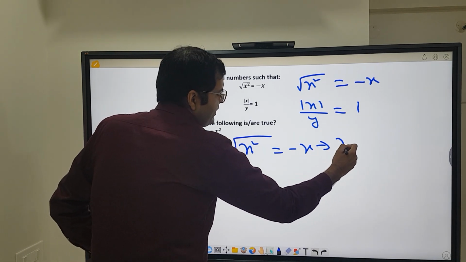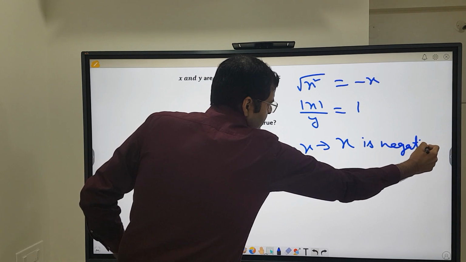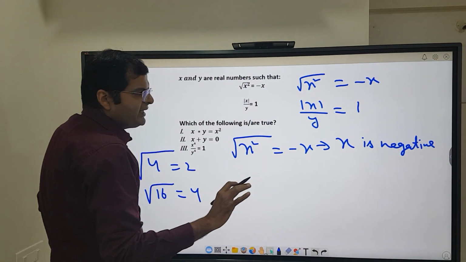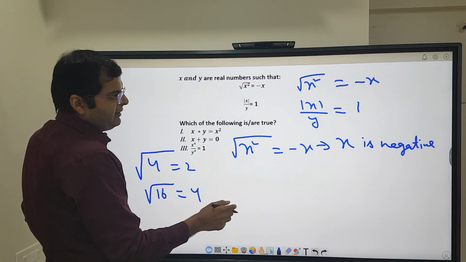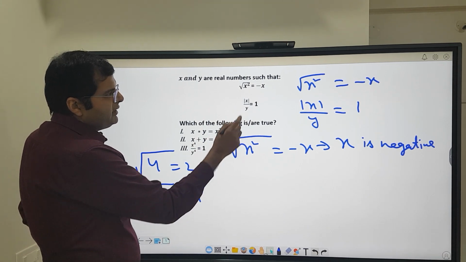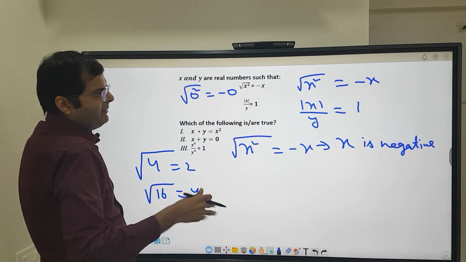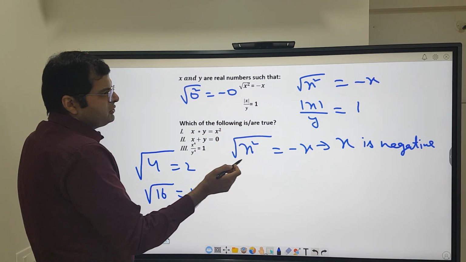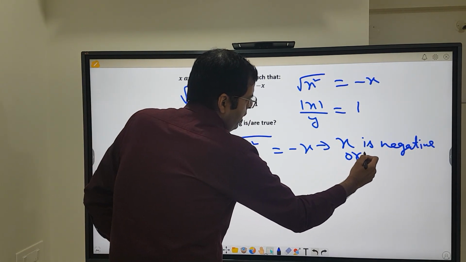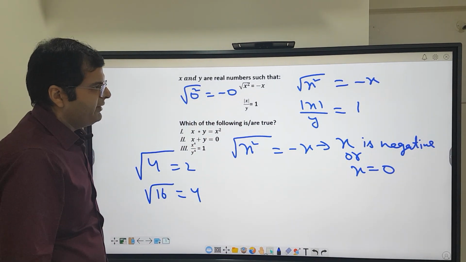So from here I can conclude that x is negative. Also one more case is there, wherein x can be 0, because under root of 0 square is equal to minus 0, and minus 0 is nothing but 0. So x is negative or x is 0. This is what I get from here.